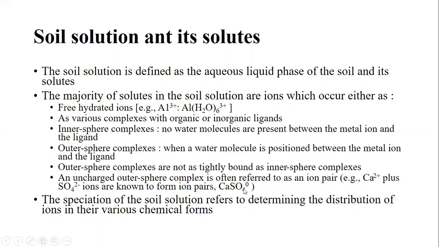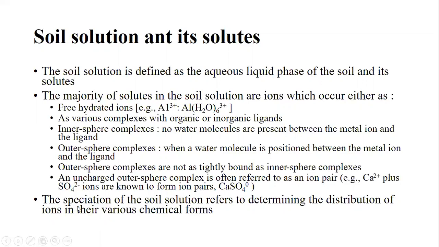This is an ion pair. It can also form complexes with other ligands like chloride, like bicarbonate, like many others. Each one of them is a different species, a different form.